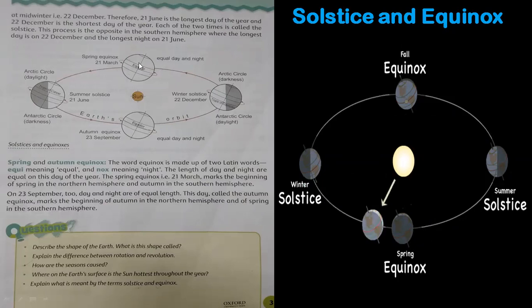Just look at that one. Solstice and equinox. This shape seems to be opposite to the shape we have in the book. First one, we start from the summer solstice.